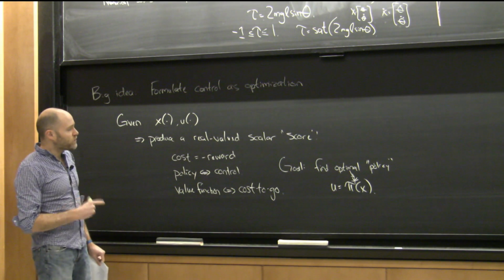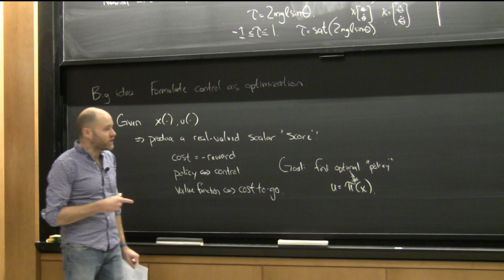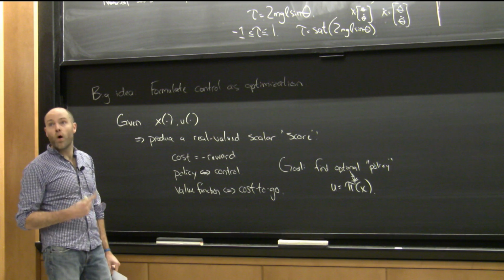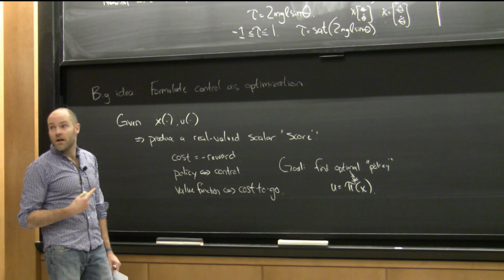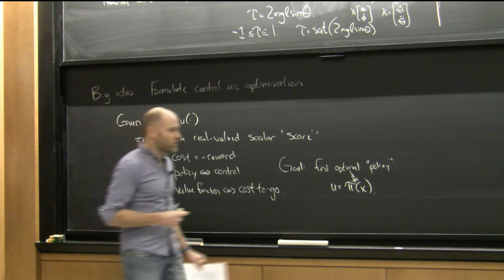Before we do it with an algorithm, let's do it for one case. There are very few cases where you can actually solve these things in closed form, but it's super useful to do it at least once.